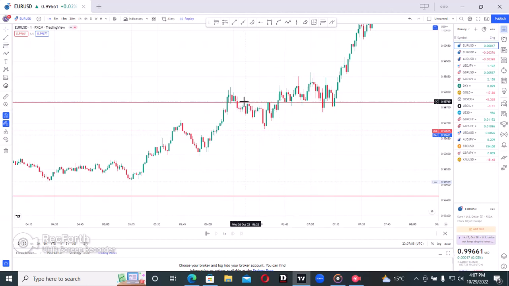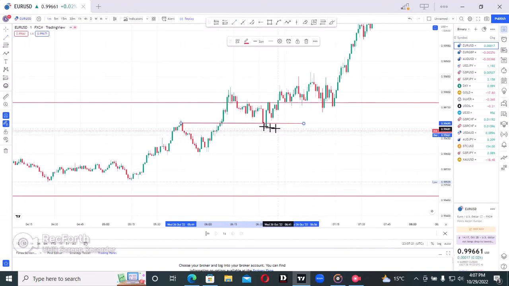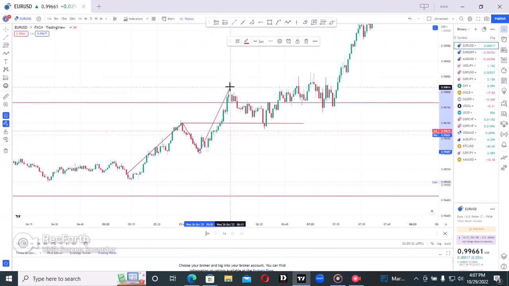So in the 1-minute time frame chart, you can see that in this market we have a first breakout here, and then we have a breakout here. Let's take this one as our resistance, and you can see that the market moves from here to here.